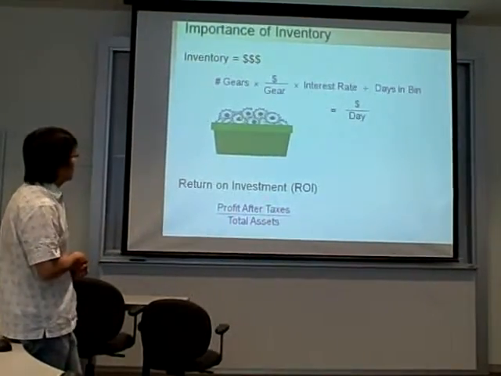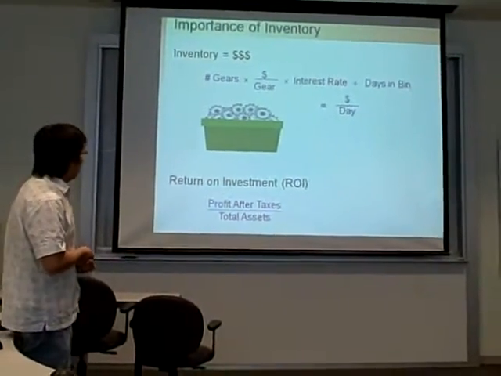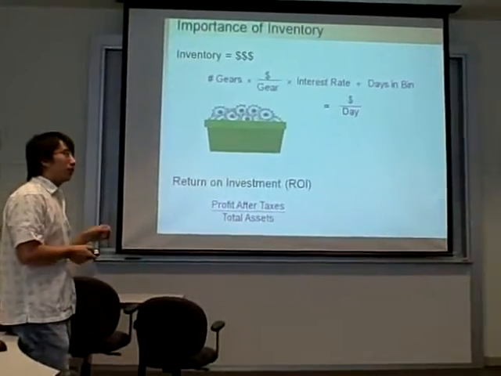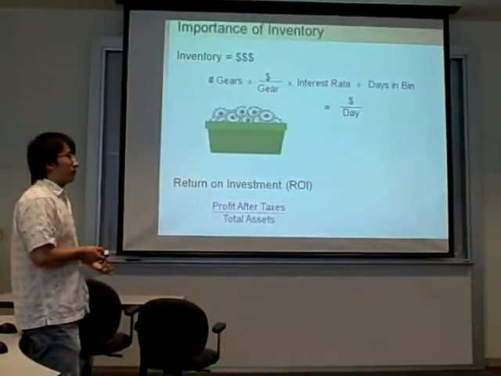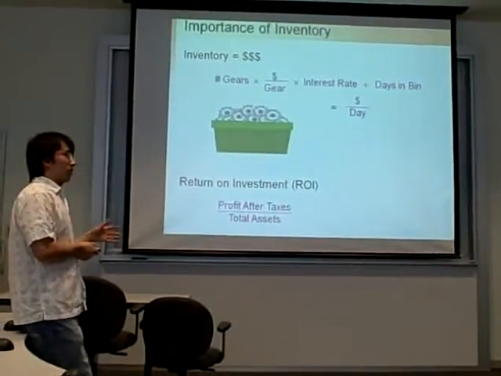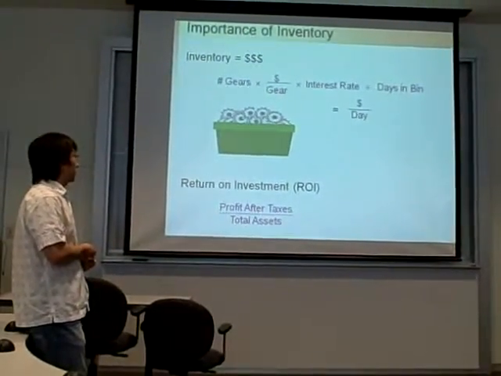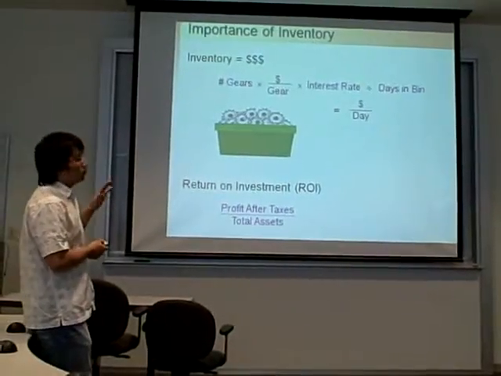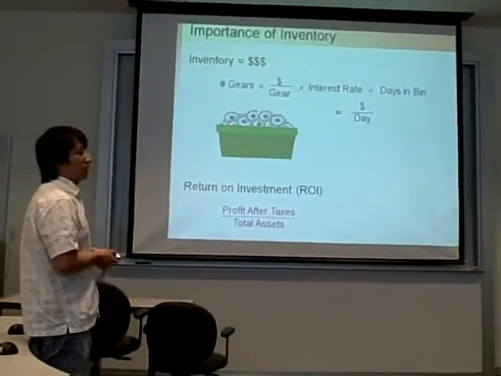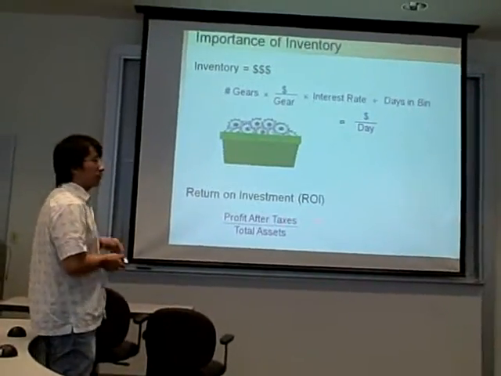Let's focus on this term in finance, which is return on investment. This is a very important parameter in investing, which investors focus on. For profit after tax, if you store less inventory and sell, then profit will be higher.